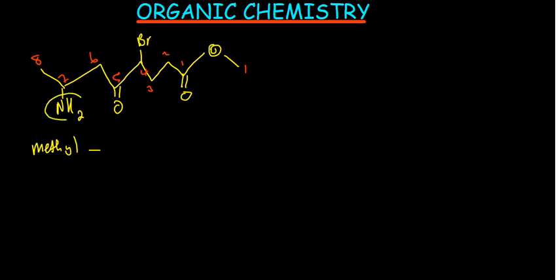We've got amino at position number 7. That's the one which comes first in the alphabet. So 7 amino. And then this is a ketone. We name it as oxo. Bromine, we're going to name it as bromo. B, we know it comes second in the alphabet. So at position number 4, we have got bromo. And at position number 5, we have got oxo.